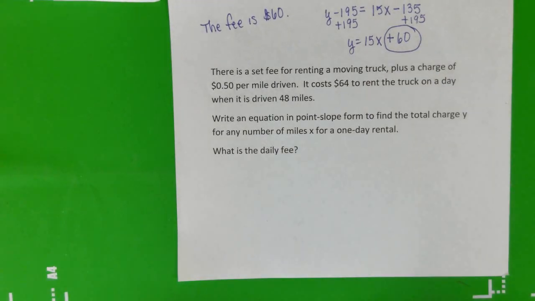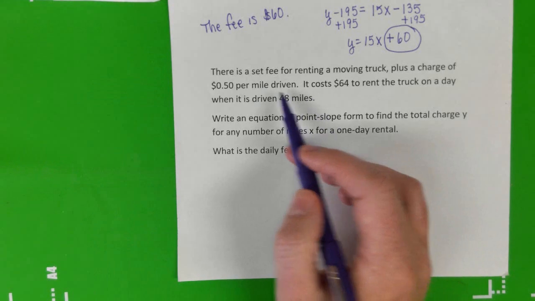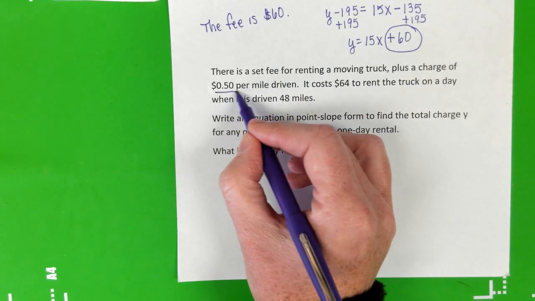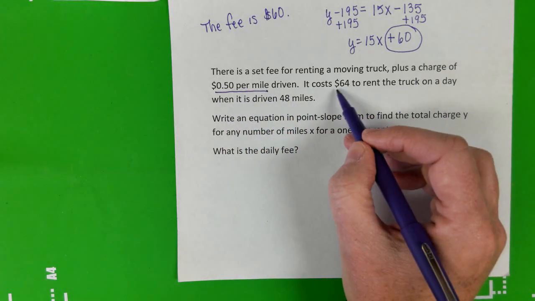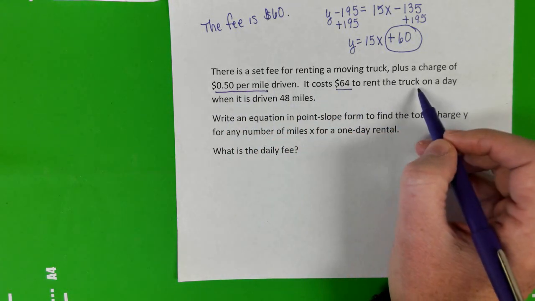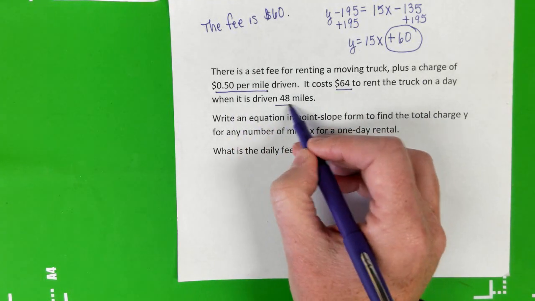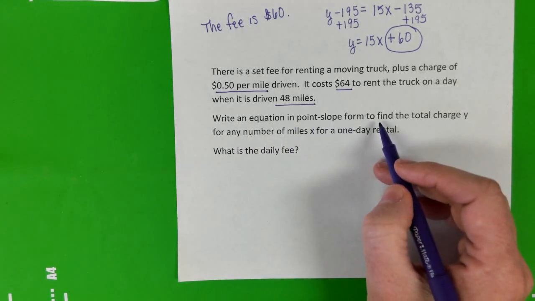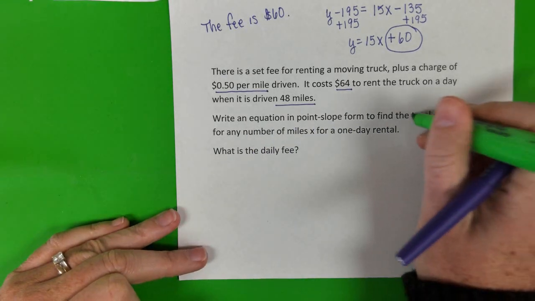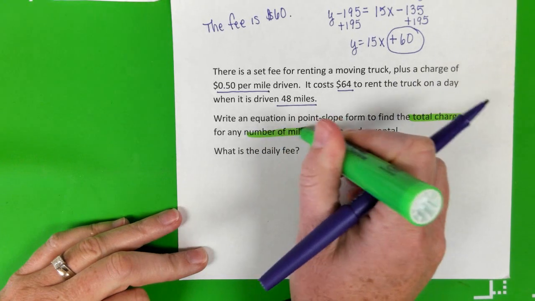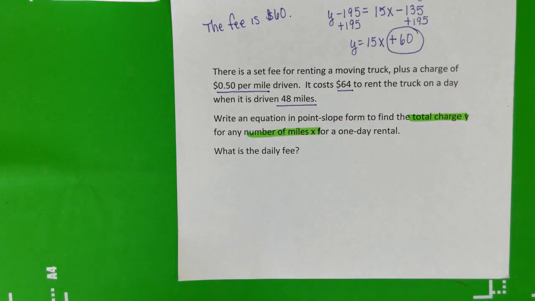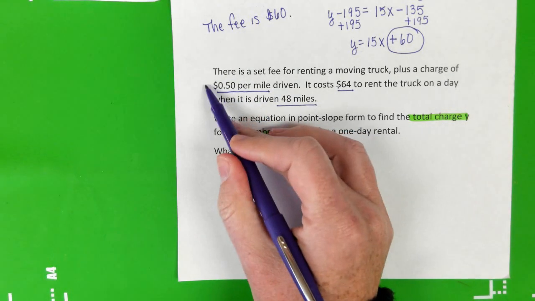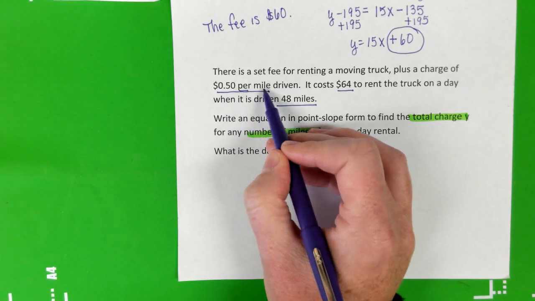Okay, let's look at this second example. There is a set fee for renting a moving truck, plus a charge of 50 cents per mile. It costs $64 to rent the truck on a day when it is driven 48 miles. Write an equation in point slope form to find the total charge y for any number of miles x for a one-day rental. Okay, so let's look at our given information. So again, we have per mile.